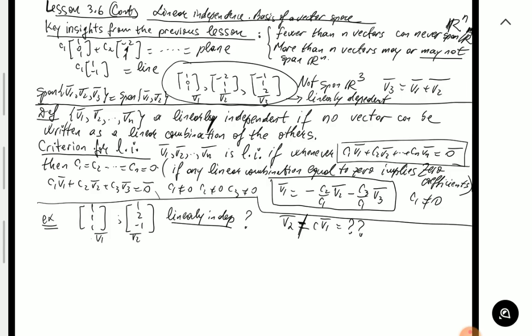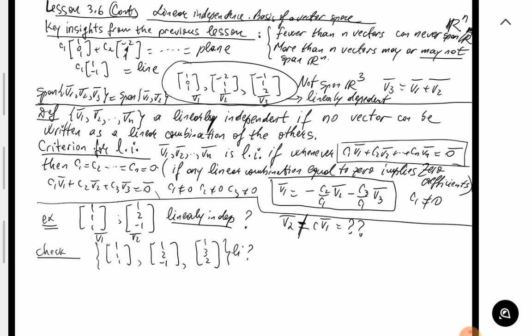If you have more than 2 vectors, as always, you may have to analyze a system of equations. So let's, for example, check whether the vectors 1, 1, 1, 1, 2, minus 1, and then let's say, what's the other one? I will choose, let's say, 1, 3, 2. Is this set of vectors linearly independent or not?